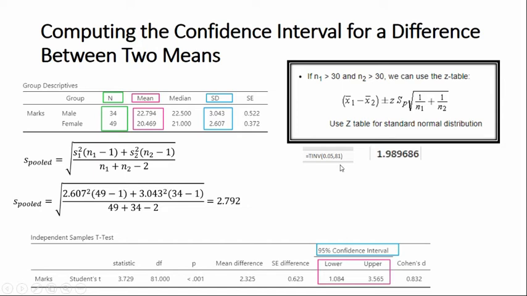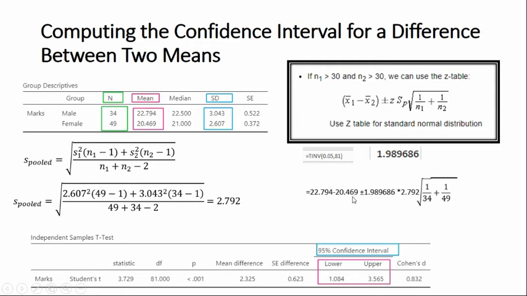0.05 means probability, the level of significance. And 81 is the degree of freedom. By using these values, I got 1.989686. Now, to calculate the confidence interval, x bar 1 minus x bar 2 means these values, 22.794 and 20.469.